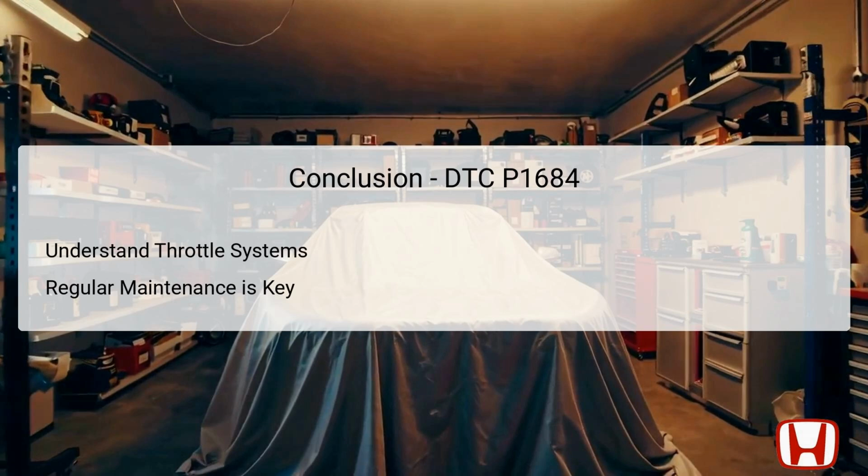Through careful adherence to troubleshooting steps and thorough inspections, technicians can effectively resolve the problems indicated by a DTC. Emphasizing the importance of preventive care helps ensure that Honda Accords continue to perform at their best, avoiding future complications and maintaining engine efficiency.